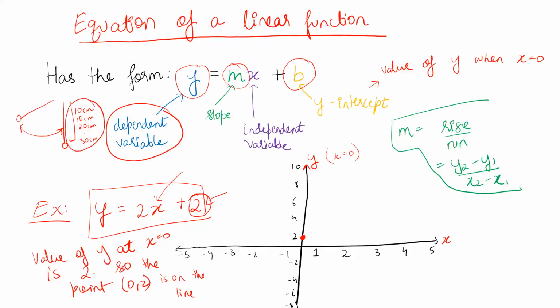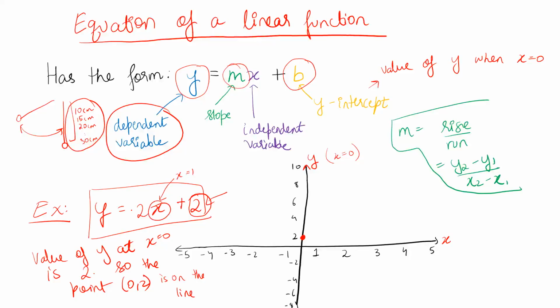So maybe let's take x equals 1. What's the value of y at x equals 1? Zero? Not quite. Put in x equals 1 over here. When I say at x equals 1, it means plug in 1 here.